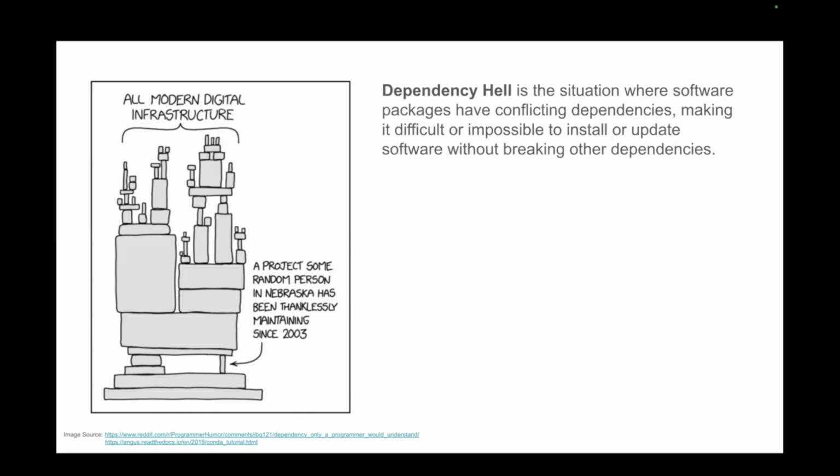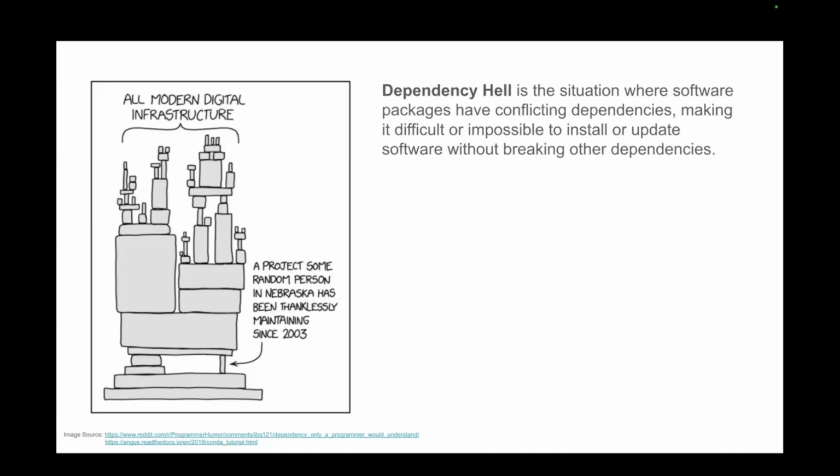So this is called dependency hell. It's a situation where software packages have conflicting dependencies, and it makes it impossible to install or update a small piece of them. Once I want to take out that small piece, everything will collapse.